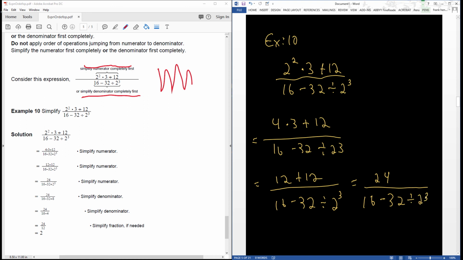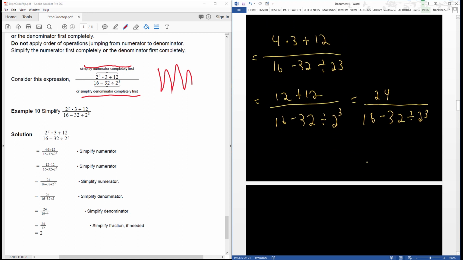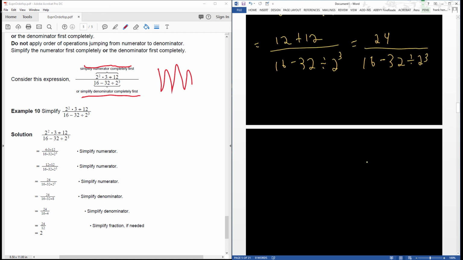Now I'm going to start simplifying my denominator. So I have 24 over 16 minus 32 divided by, so I'll take care of my exponent first. 2 to the third is 8. No parentheses, I took care of my exponent.